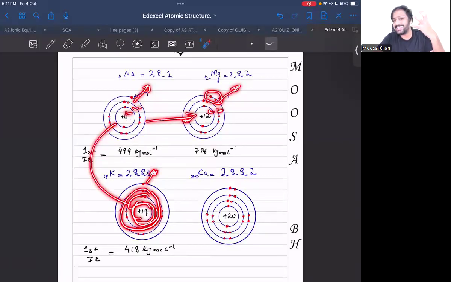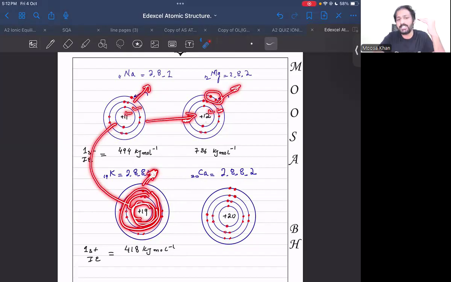Because increase in nuclear charge should be increasing the values of ionization energy. And increase in shielding, what do you think increase in shielding should do? Should it increase or decrease the values of ionization energy? Shielding repels the electron away, which means it becomes easier to remove that electron. So we will need to supply a lesser amount of energy if there is greater shielding. Getting my point?